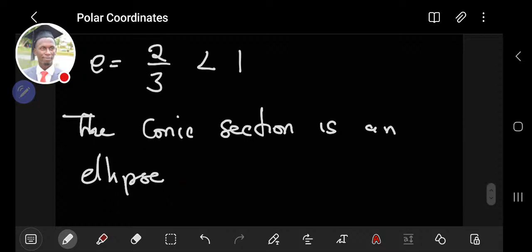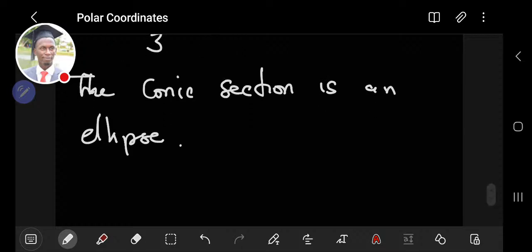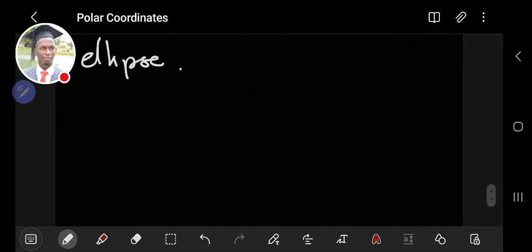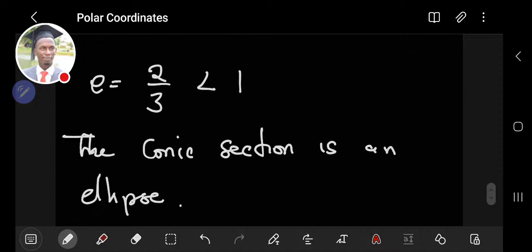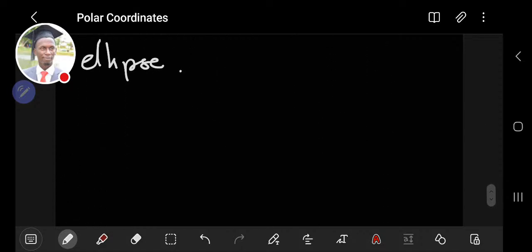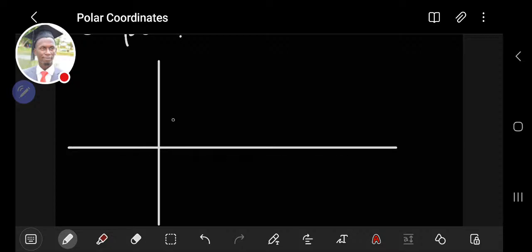Okay, so once we've made this conclusion, we can then move on to start seeing what we expect. So again, this being a negative here, we expect that the main one opens to the right. So if I was to put my coordinate axis like this, our side of interest is going to be something like this, with the focus at the origin.